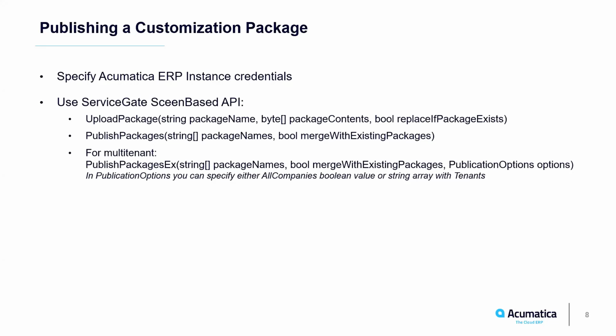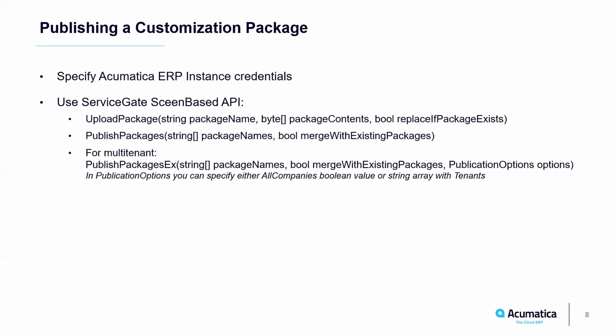Here you see the methods you would want to use in order to deploy a solution to a freshly installed Acumatica instance. First we need to upload the package, right? By sending the package name and its content in the form of a byte array.